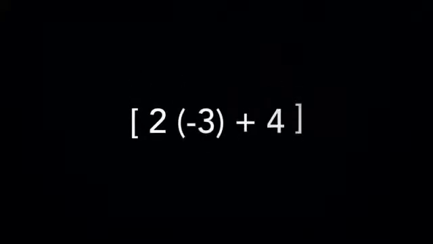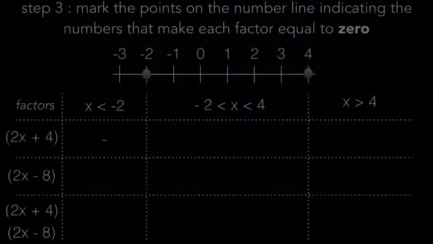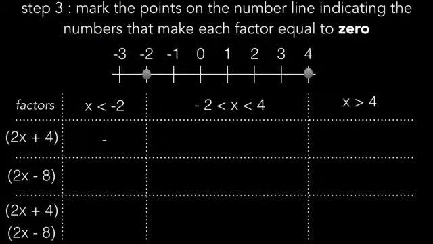Let us choose -3. 2 times -3 plus 4 would equal -2, which is a negative value, making us place a negative in the first row of that particular region.